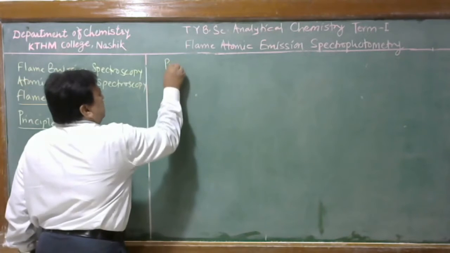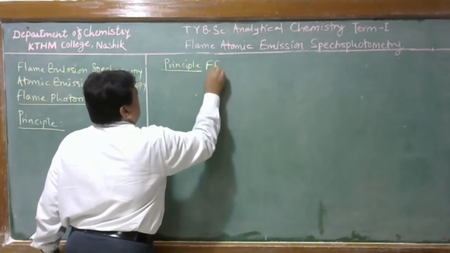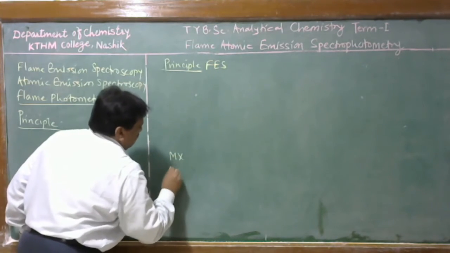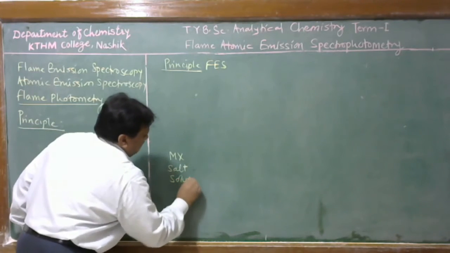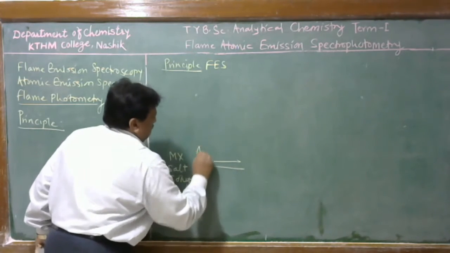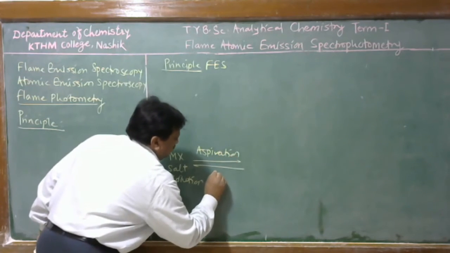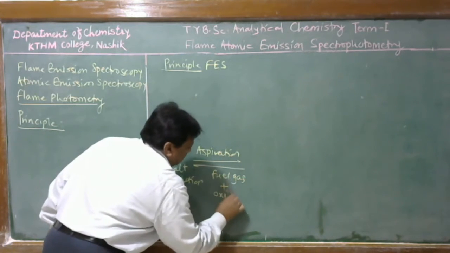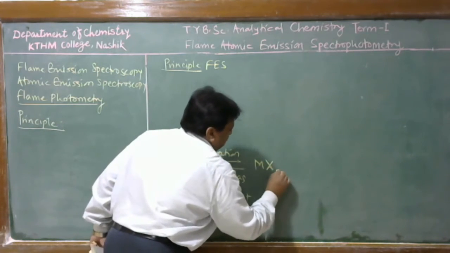Here we discuss the principle of flame emission spectroscopy. Suppose, for example, a metallic salt solution is aspirated into the flame, that mixes with fuel gas and the air or oxygen and gets converted into MX mist.